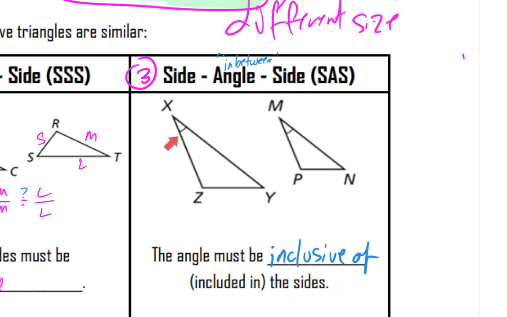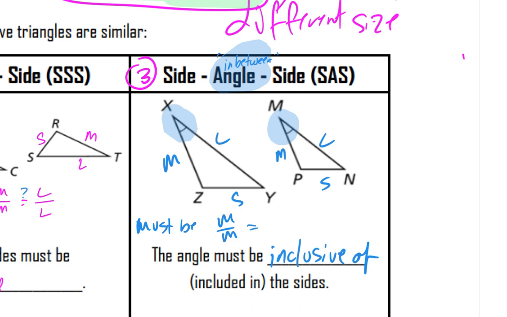Say, for instance, this was the medium and that's the large one, and that was the small. If that's the medium and large, we know that this angle right here is congruent, because we see that those are both the same. So that would be the angle in between. So for this to be similar, M over M has to be the same proportion as L over L.